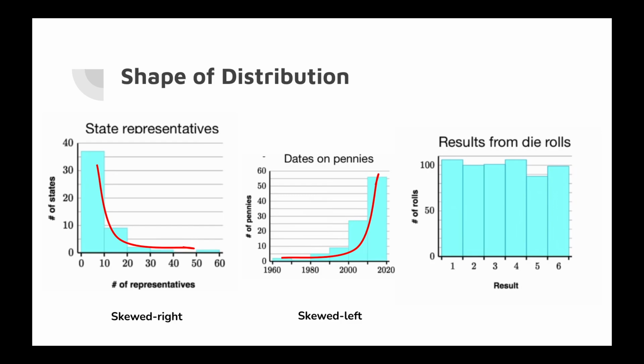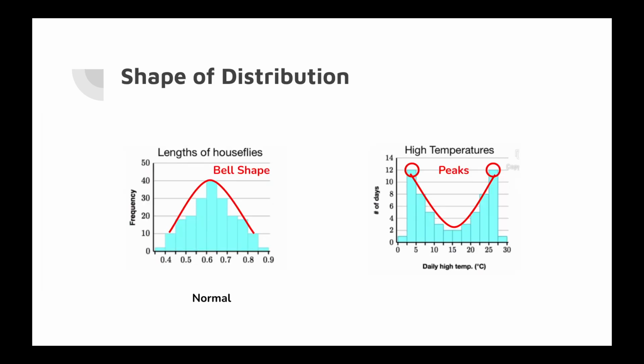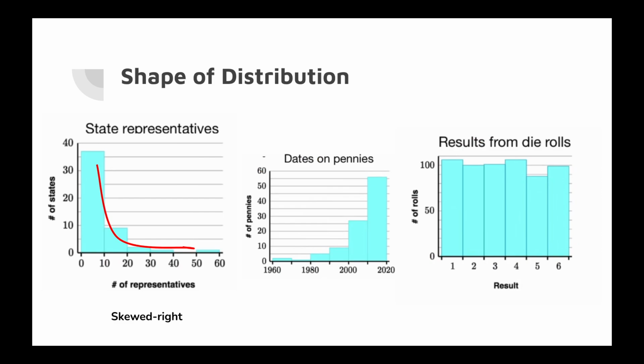But unlike the other graphs, it doesn't have a significant change or trend. All the numbers have very similar frequency. This type of data is called uniform data.